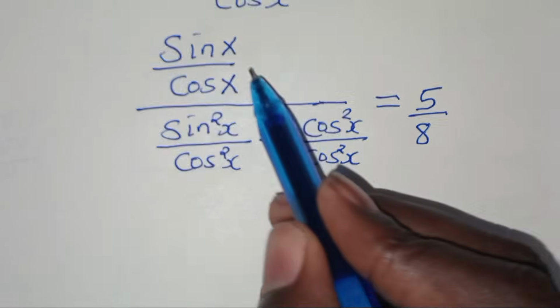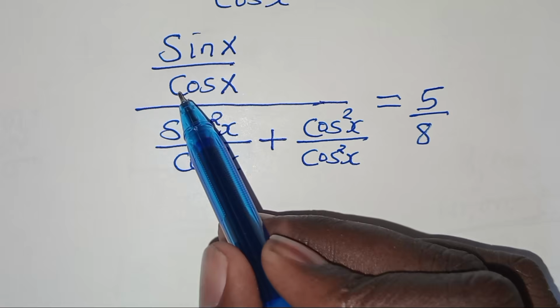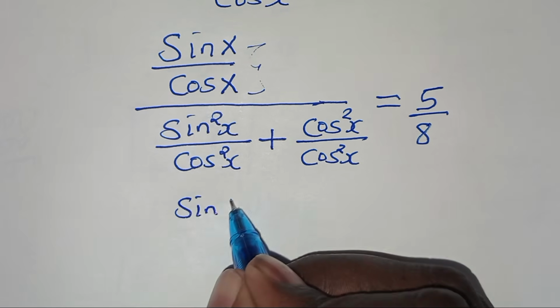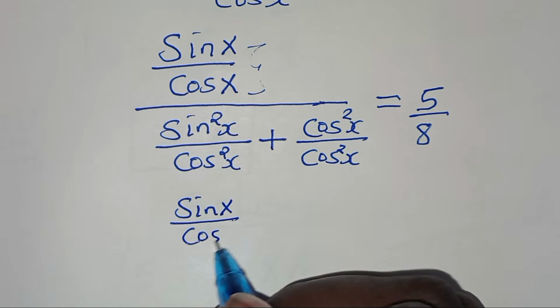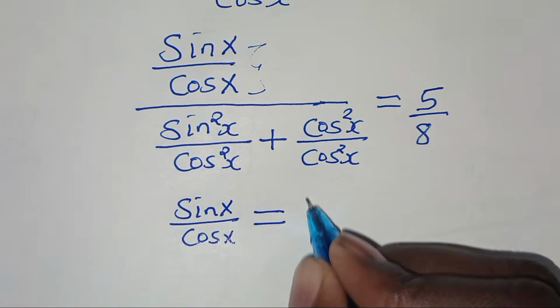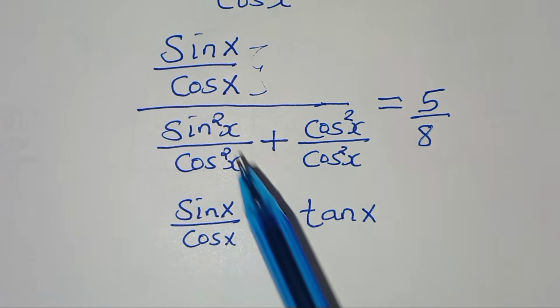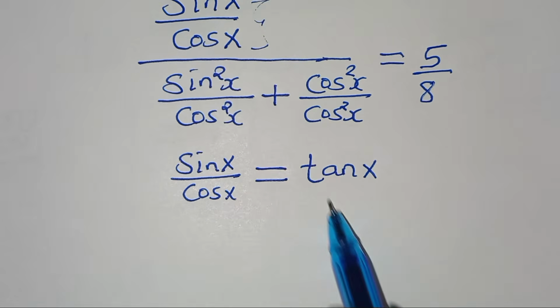Now, from what we have here, sin x over cos x, remember, this is the same thing as tan x. So we can substitute sin x over cos x with tan x.